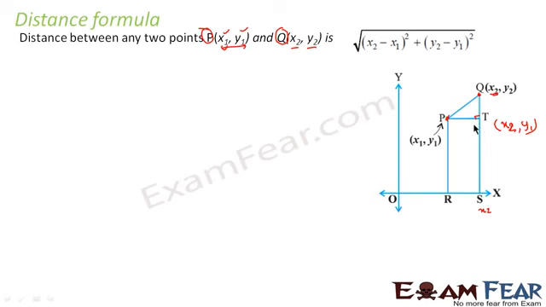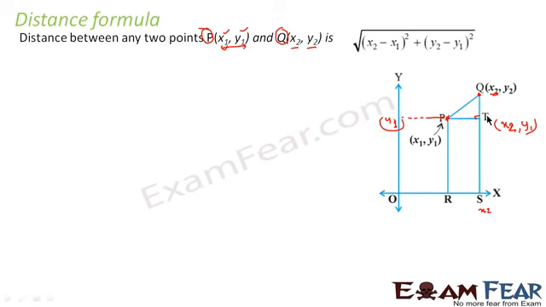Also going by our simpler shortcut, for P just draw an image on the y-axis. This becomes y1. For T also, if you draw an image on the y-axis, you will get y1 only. So this is also y1. That is pretty much clear to us.